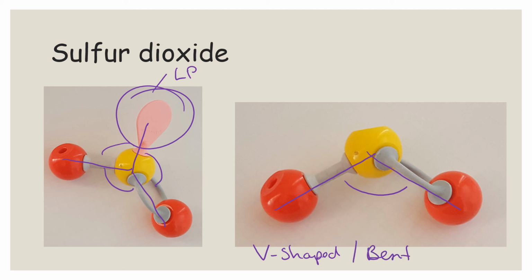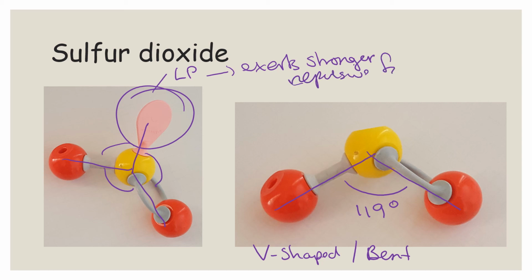However, the bond angle is slightly different. This one's about 119 degrees because the lone pair of electrons exerts a stronger repulsive force, squashing them slightly closer together.